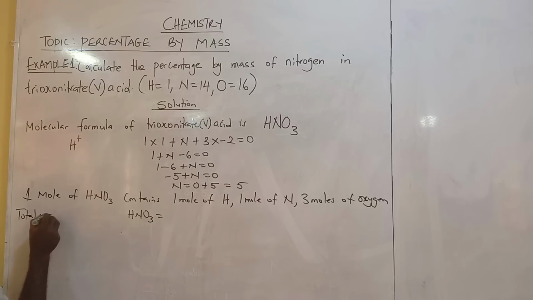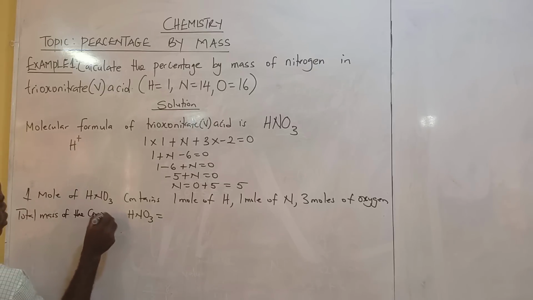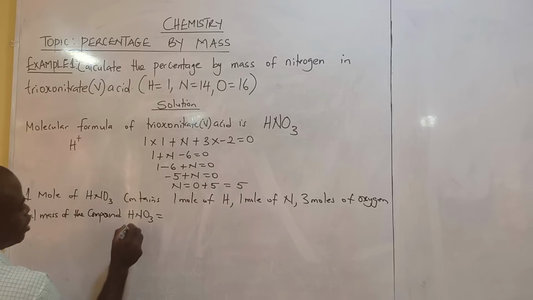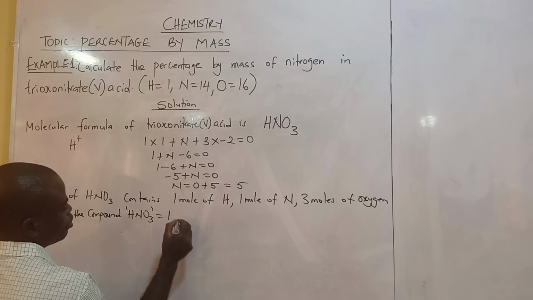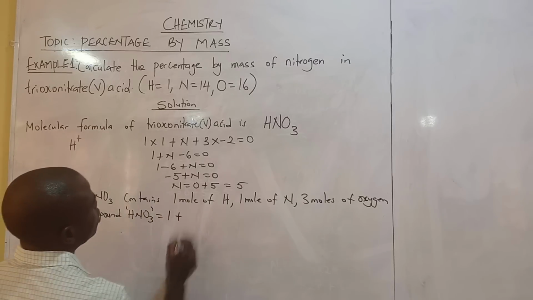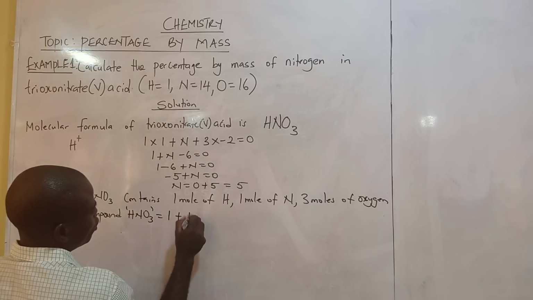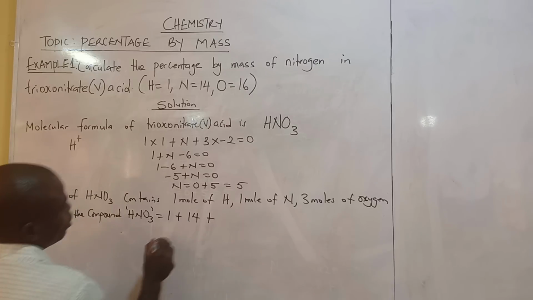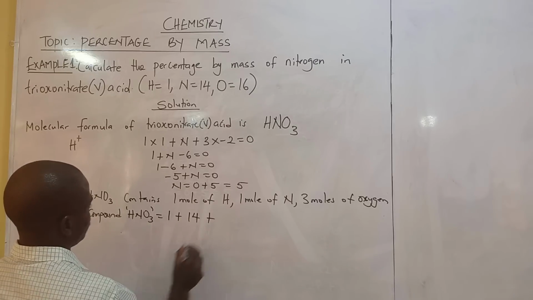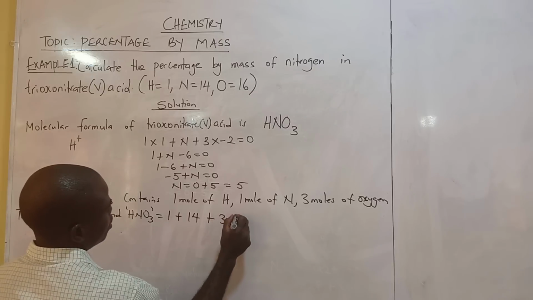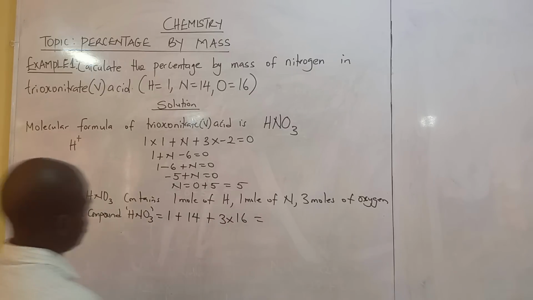Total mass of the compound HNO3 equals hydrogen, which is 1, plus nitrogen, which is 14, plus oxygen, that's 3 times 16.